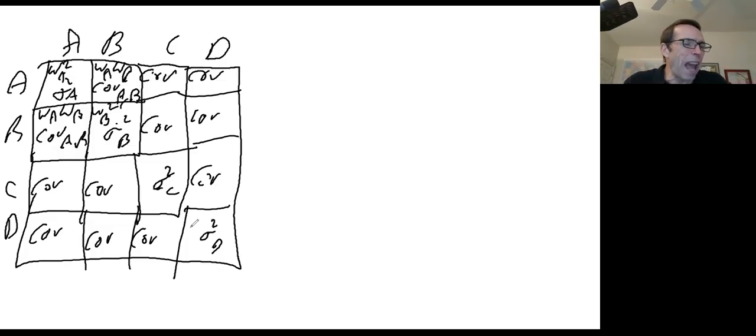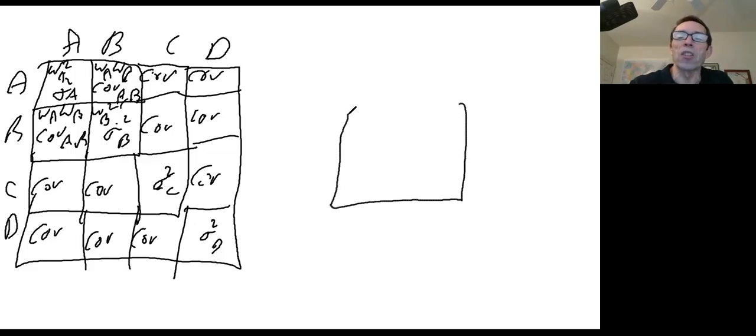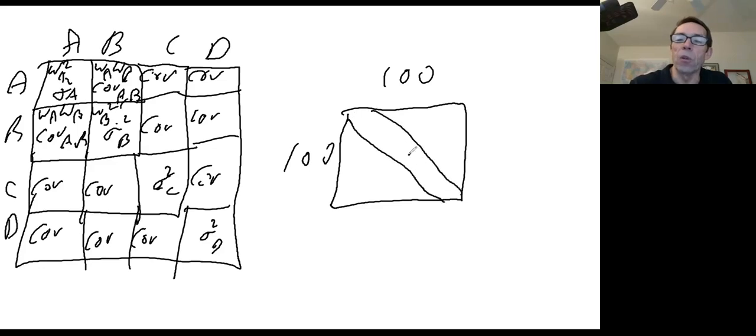Well, what's going to happen as we get a really big portfolio? Let's suppose we have 100 assets. I'm not going to draw this one out all the way. If I have 100 assets in my portfolio, I've got 100 columns, don't I? And I've got 100 rows. And all of the diagonal cells are going to be variance cells.